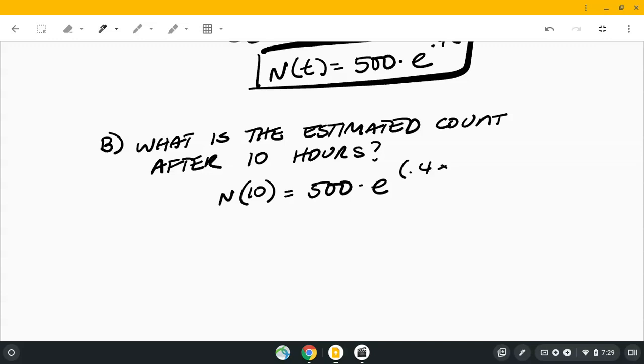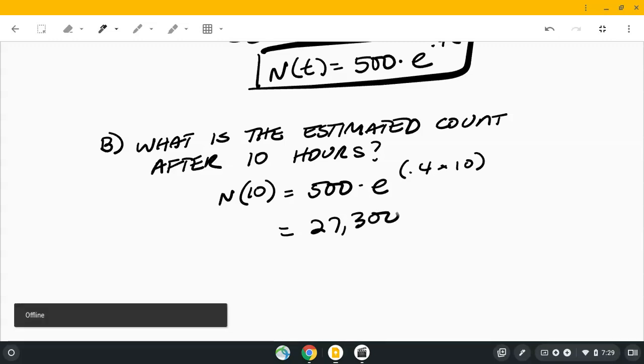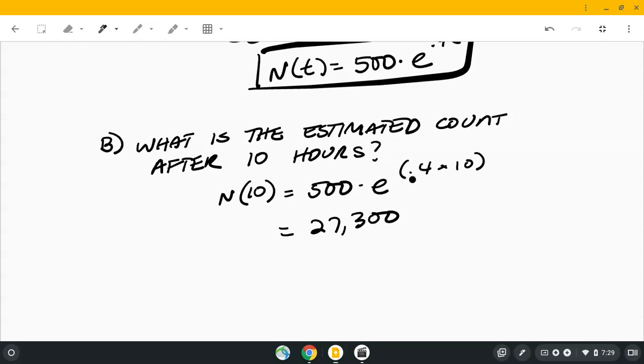So 0.4 times 10. Punching that into your calculator, you should get 27,300. Wow, that is growing pretty rapidly.